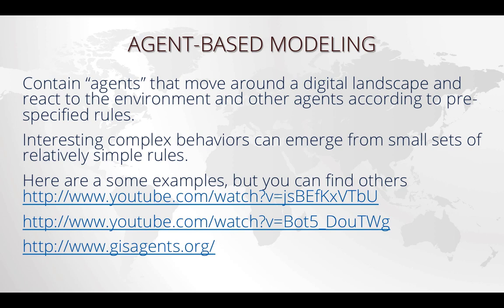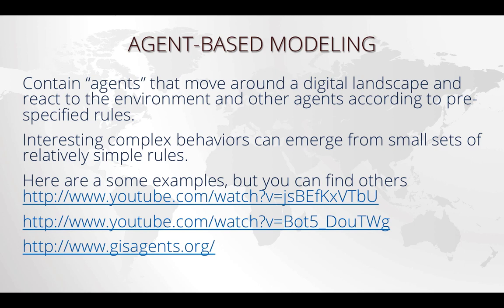And one thing I would like to say is what people are finding when running these agent-based models is that you can get very complicated behaviors that emerge from a relatively simple set of rules that describe the interaction of these agents. These agents could be people walking through an airport terminal.